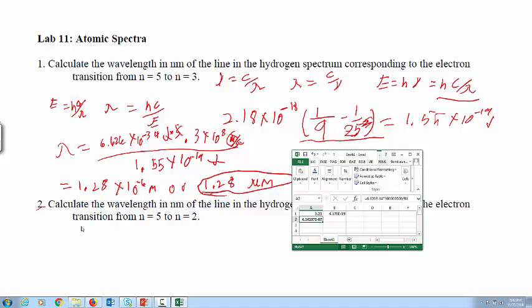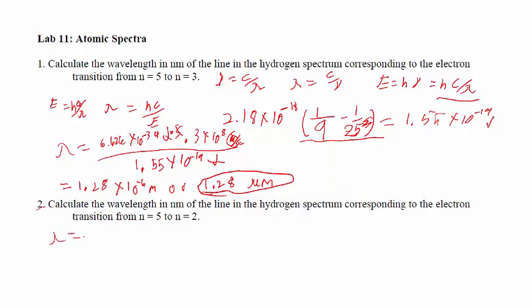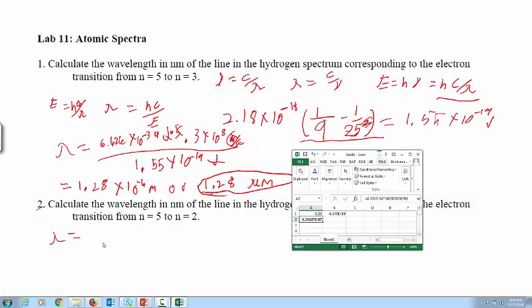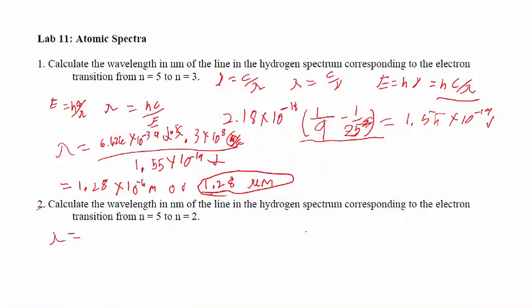Let's take a look at this. How would we do this? So E equals 2.18 times 10 to the negative 18th times 1 over 4 minus 1 over 25. That's, again, 2 squared and 5 squared.